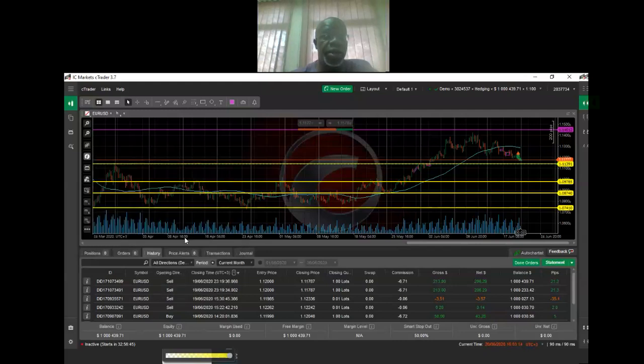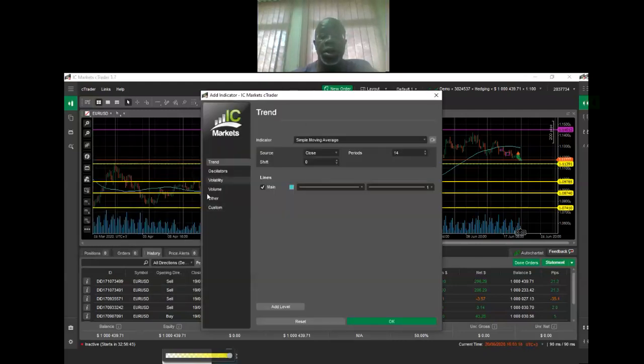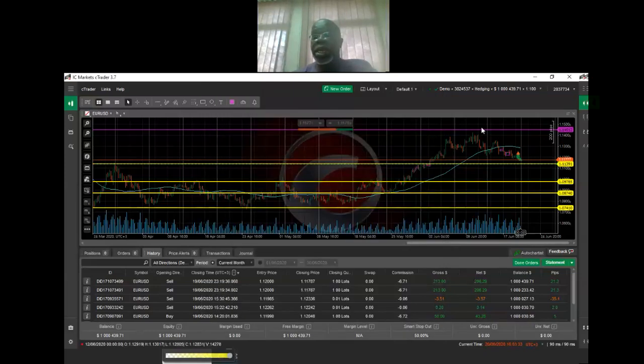When you click on it, it gives you that option. What we want is that period to be 60, so you type 60 there and click OK. When you click OK, what will come out is this line over here.